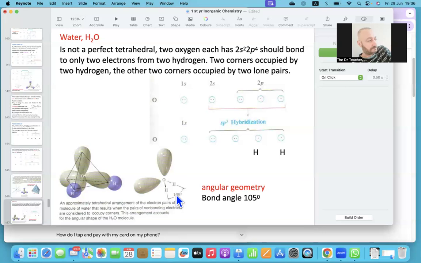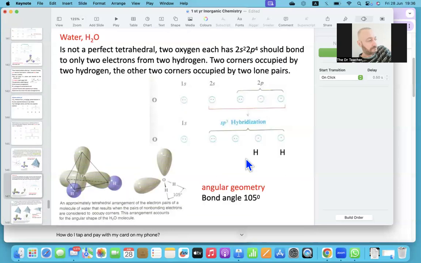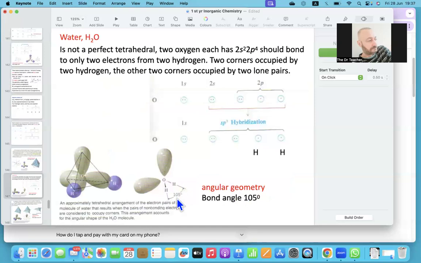This was found using crystallographic analysis, which has been used to see the water. It is not a perfect tetrahedral. Why? The tetrahedral angle is 109.5, whereas in water it is 105.